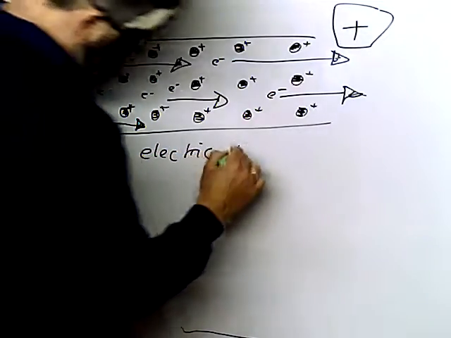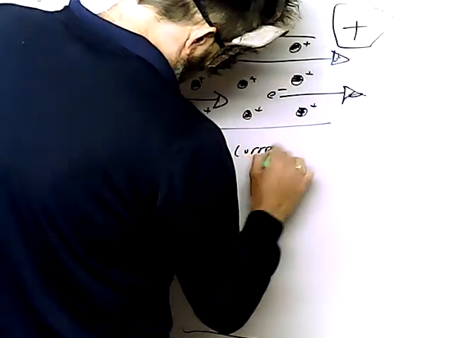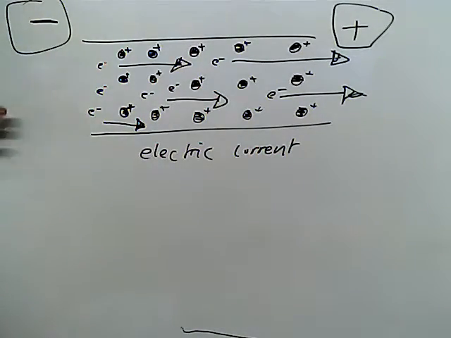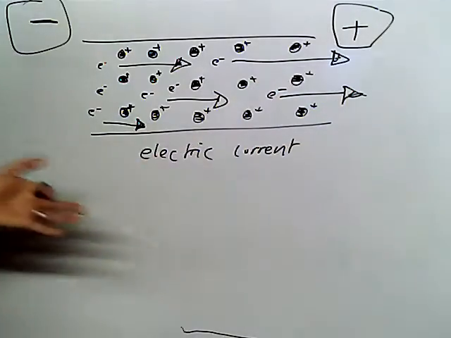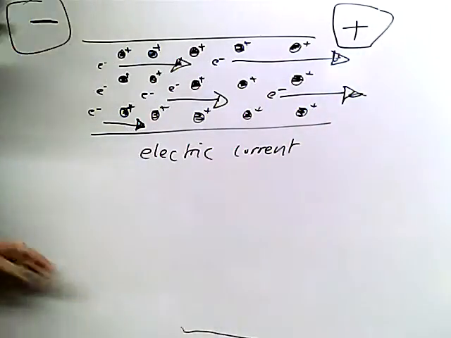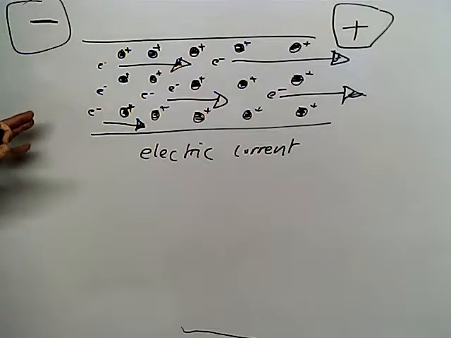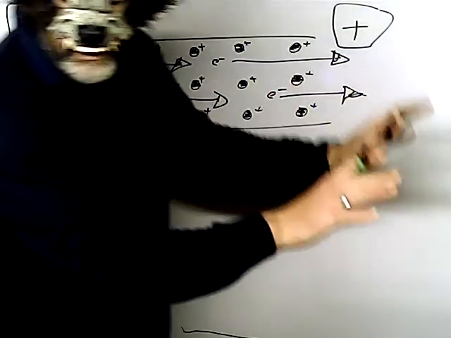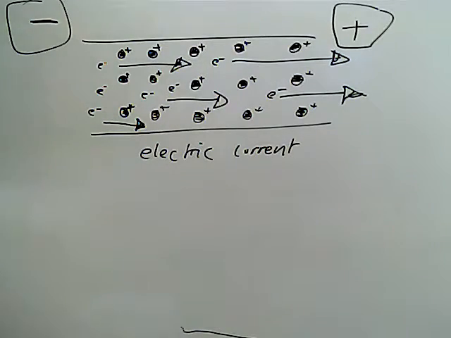You can think of it the same way as a current in a stream, where the water is flowing through the stream, and the rocks in the stream are like the positive ions, and the water is the electrons flowing through from one end to the other.